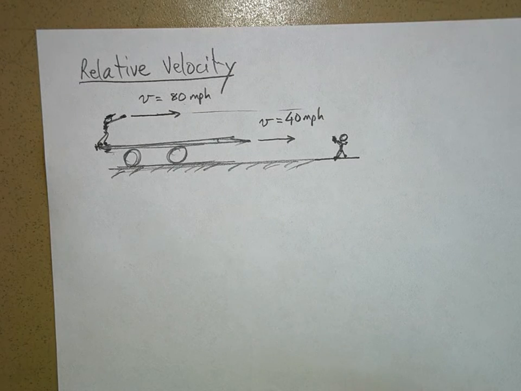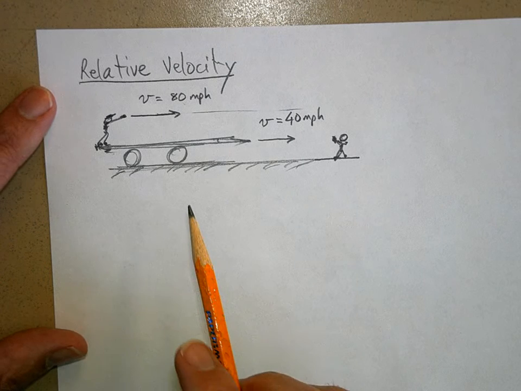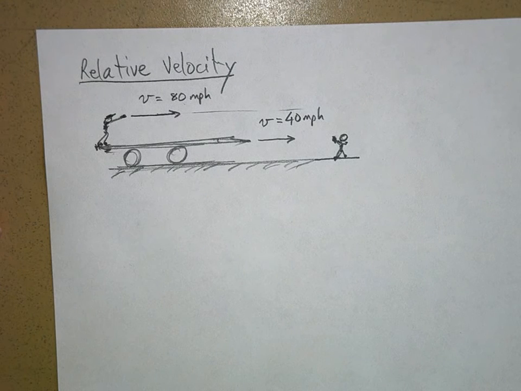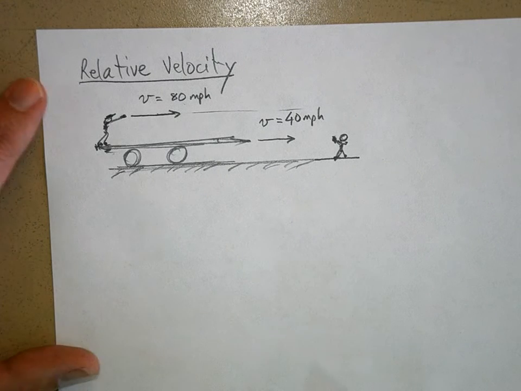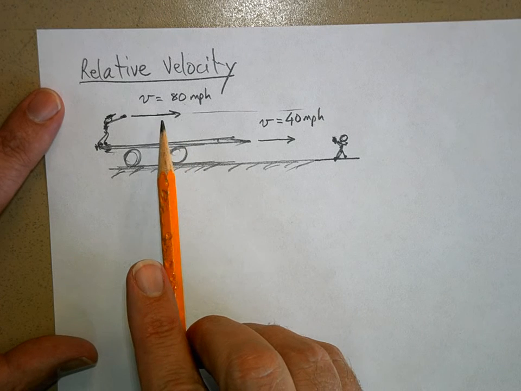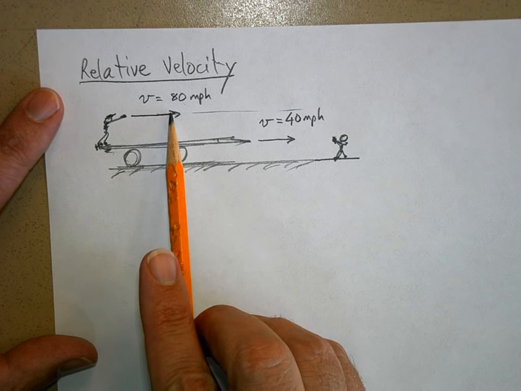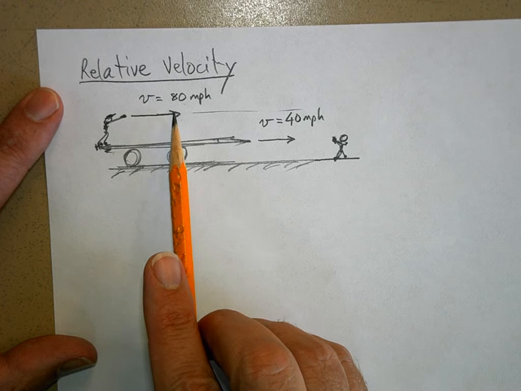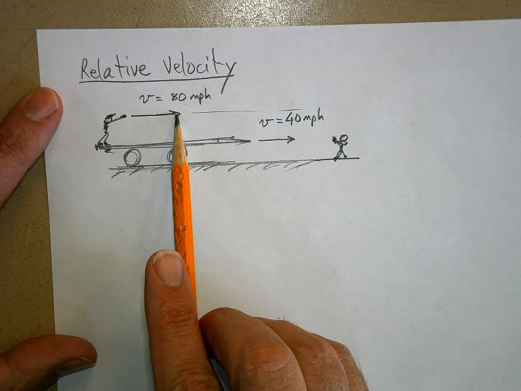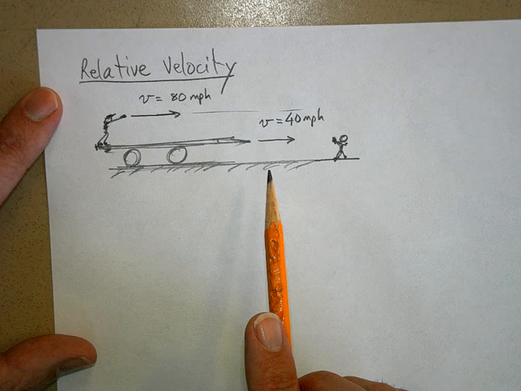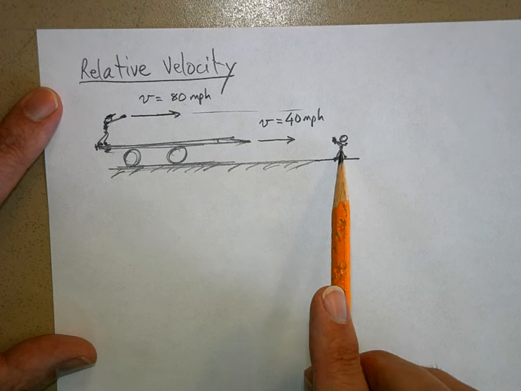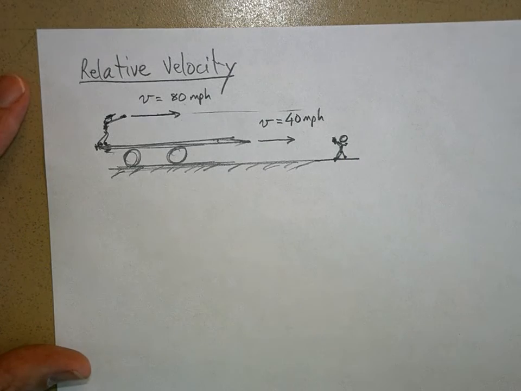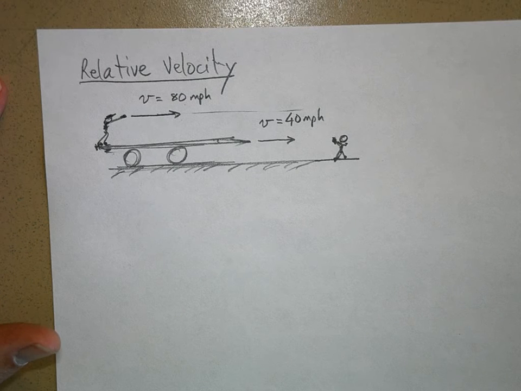So my question to you is, how fast is that ball actually moving? What do I mean when I say Garrett's throwing the baseball at 80 miles per hour? Where am I measuring that velocity from? Like from on the train, or the ground? You see that it makes a difference, right?